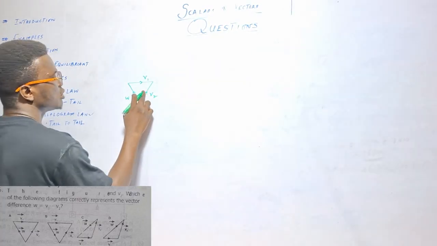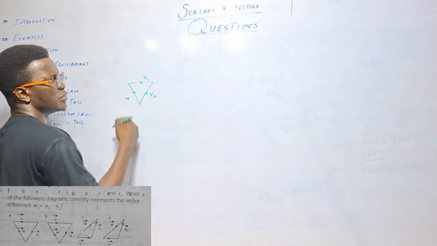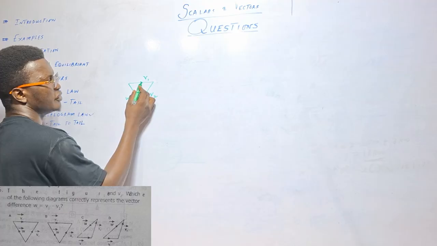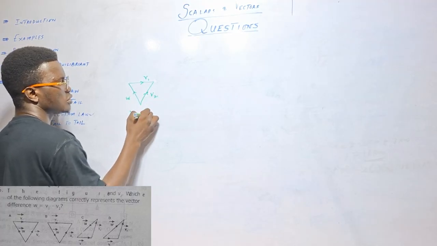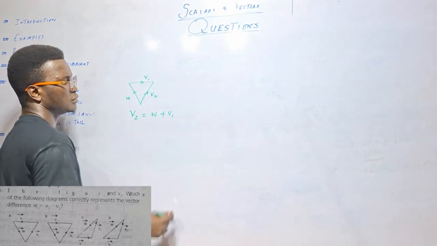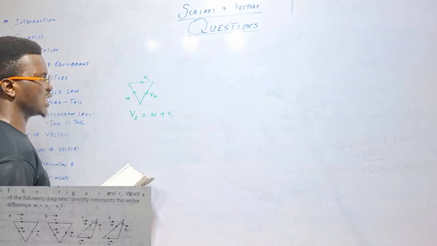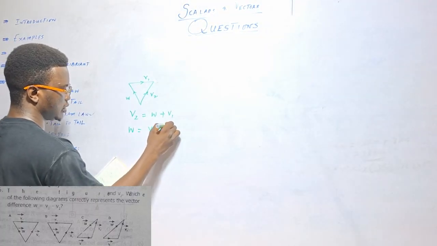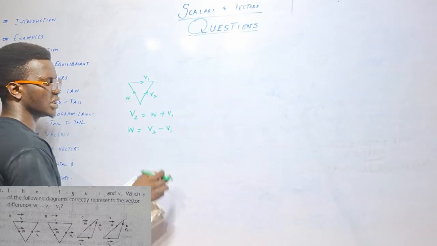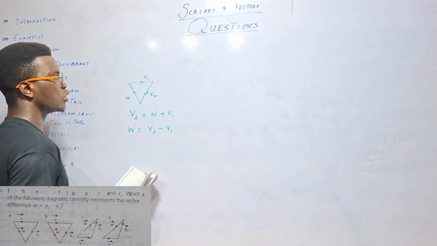If you look at the arrows, W and V1 are moving in the same direction. So I can say V2 is equal to W plus V1. Does it look like what I'm given? No, because this is saying W is equal to V2 minus V1, and it is not V1 that is negative, it is V2. So option A is wrong.